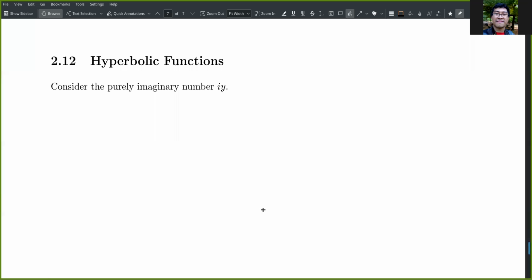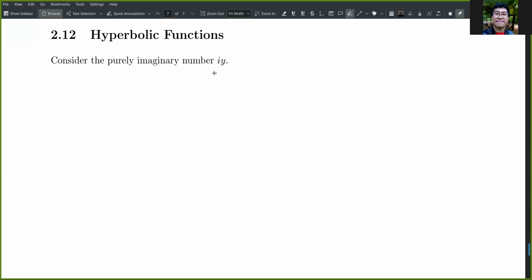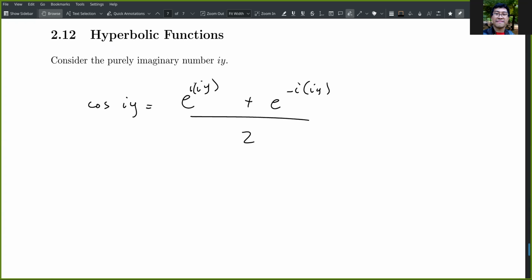So now let us consider a purely imaginary number iy. Then we can write cosine iy equals e to the power of i times iy plus e to the minus i times iy divided by 2.